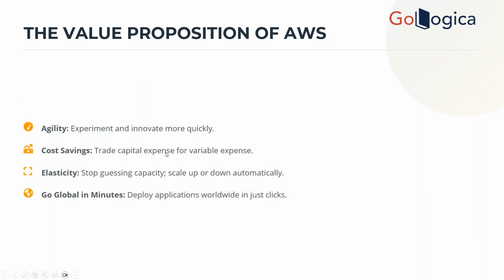So we trade capital expenses for variable expense. You don't have to make advanced payments or upfront costs; you only pay for what you are using, so everything is variable expense in the cloud. Elasticity means stop guessing capacity and scale up or down automatically.